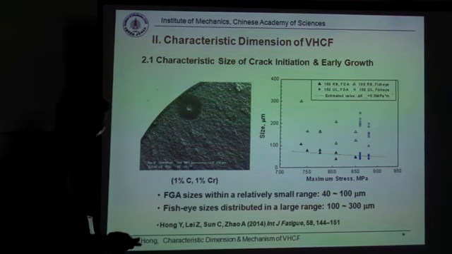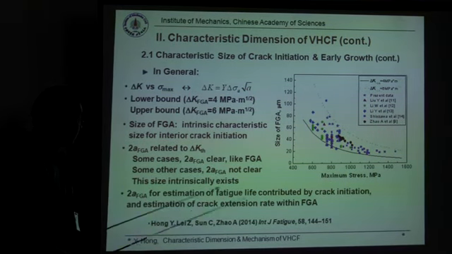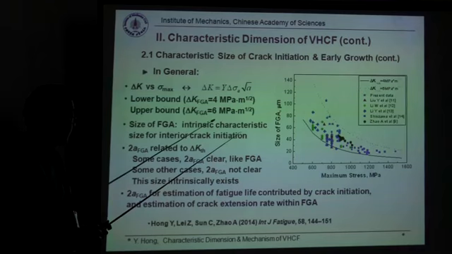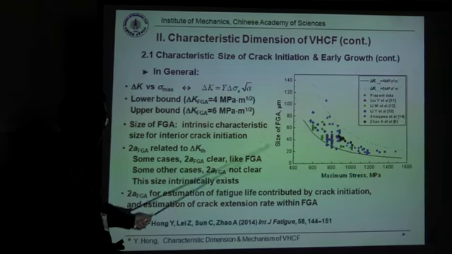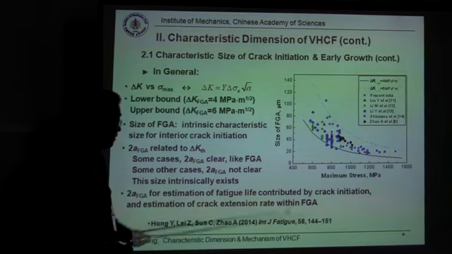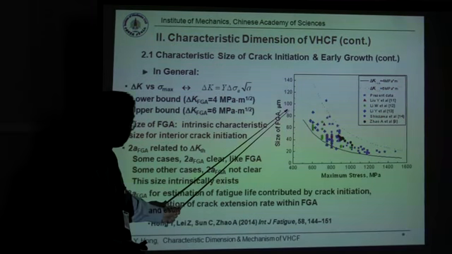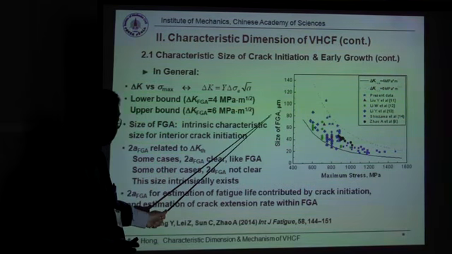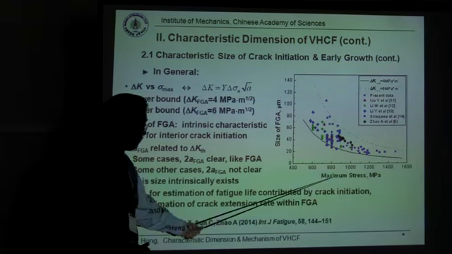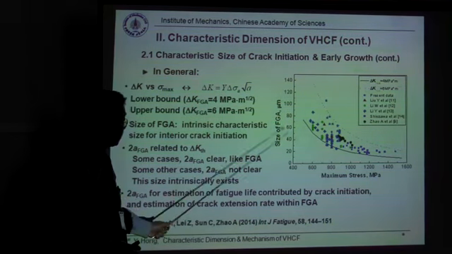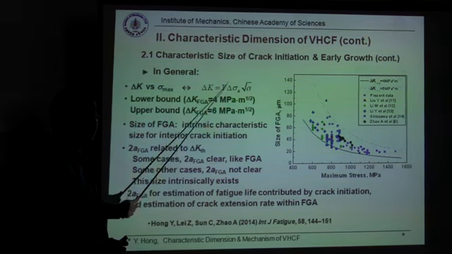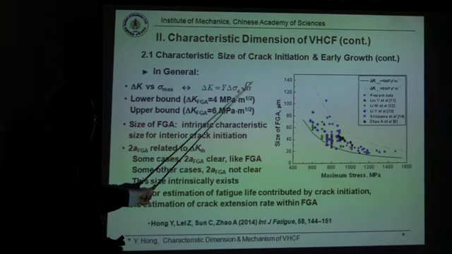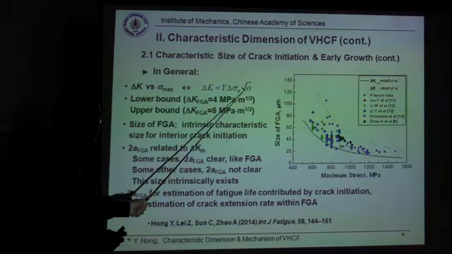And then we try to plot the relation between the size of FGA and the maximum stress. And we note that these 2 parameters are controlled by the relation between delta K and loading stress and the size of the crack or defects.